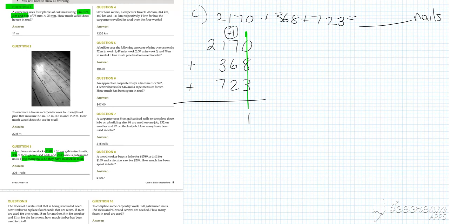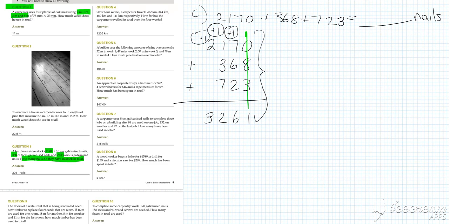Then we add it together again: 13, 14, 15, 16, carry the 1 as a plus. Then that's 11, 12, carry the 1 as a plus, and 3. It's really important when you're doing your working out that you can show these steps. That's much more important than the number.